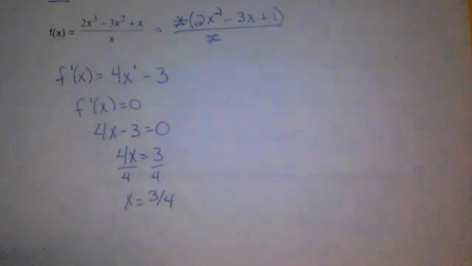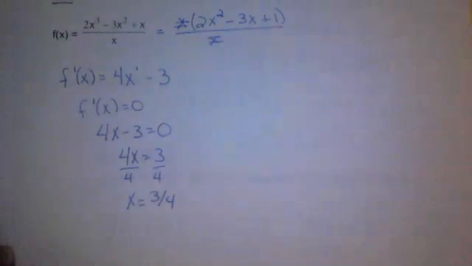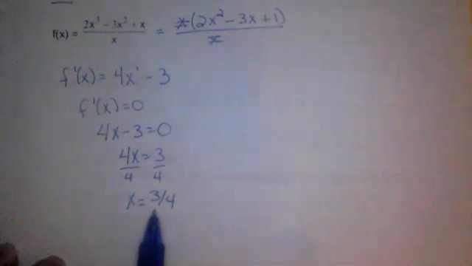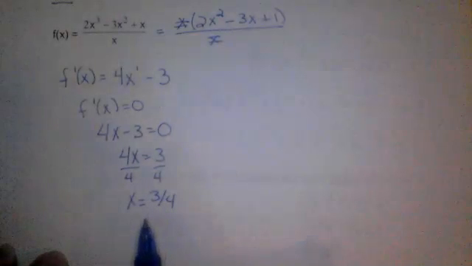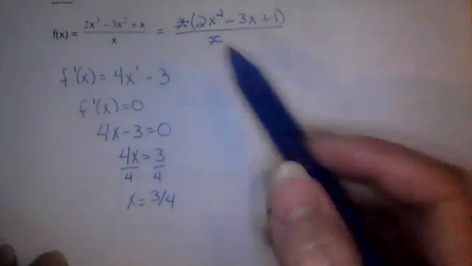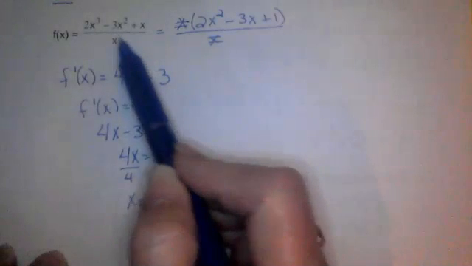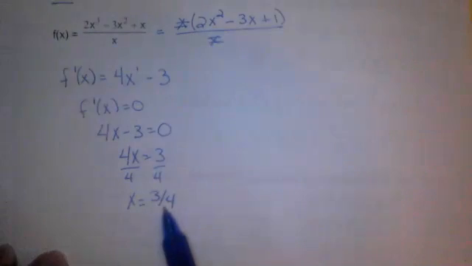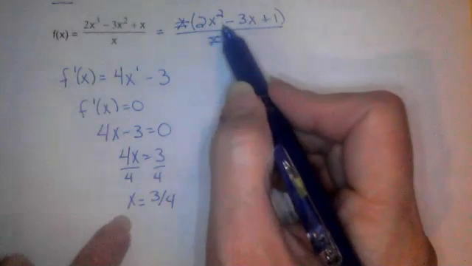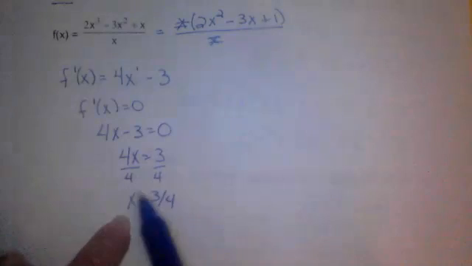Now, if you want to know the point at which, like if this one says a point, it doesn't say just find the x value, it says find the point, then we want to go ahead and plug this back into the original function and see what our y value is as well. Now, since this had a hole at 0, because these divided out, 3/4 is not at our hole, so we could just as easily plug into the reduced form equation as we can this one.